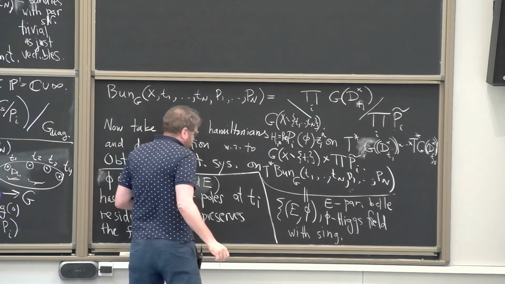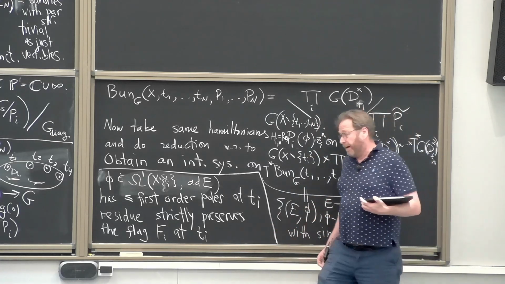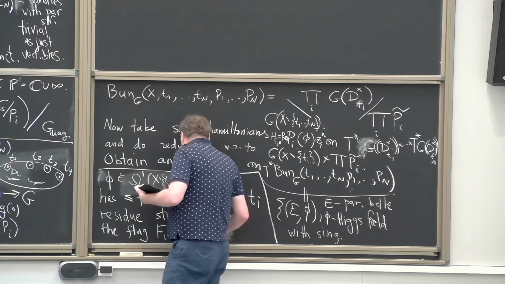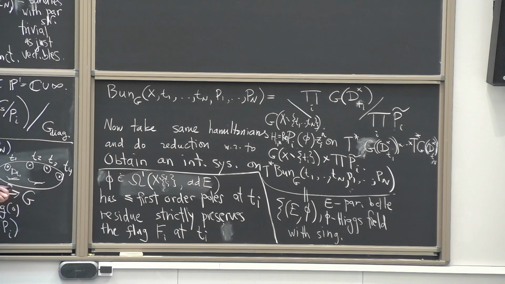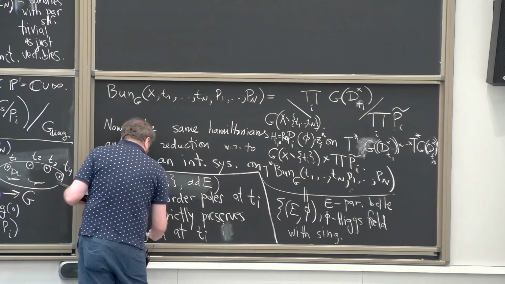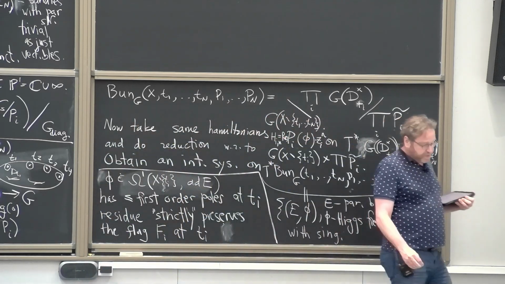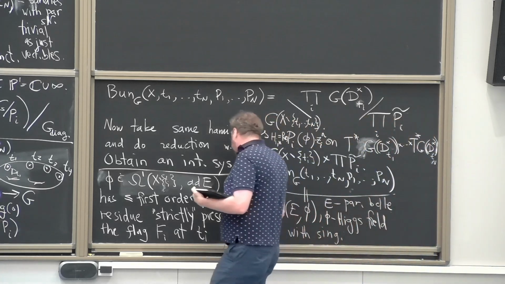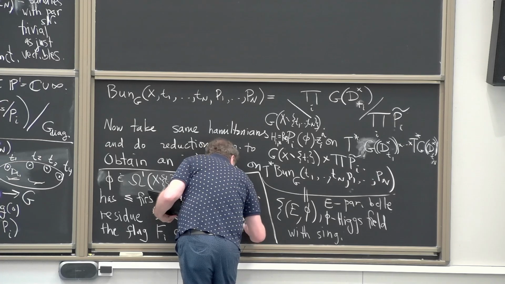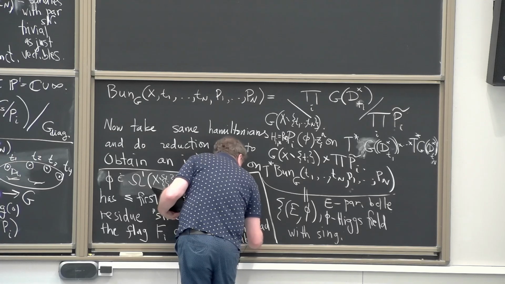So remember, specifying a parabolic structure means that we specify a flag at the point Ti. So Fi is a flag in the fiber, but strictly preserved means it's a Lie algebra element that lies in the unipotent radical of the stabilizer of Fi.